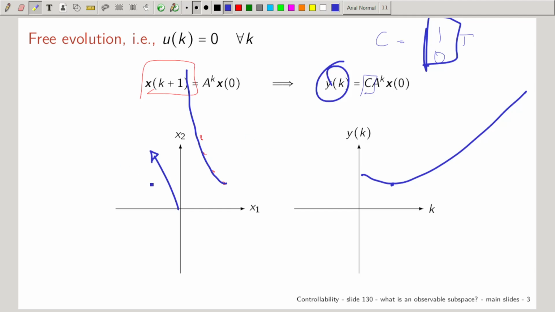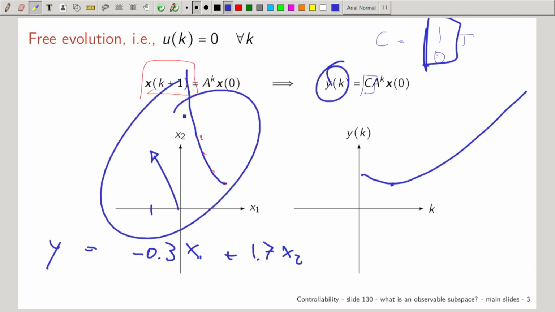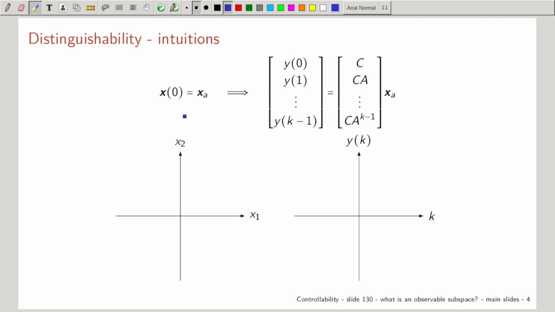For example, if this C is minus 0.3, plus 1.7, it means that Y is in general going to be minus 0.3 x1 plus 1.7 x2. From a math perspective, it's that one, but from a geometrical perspective, it's a projection. Okay, together, perfect.